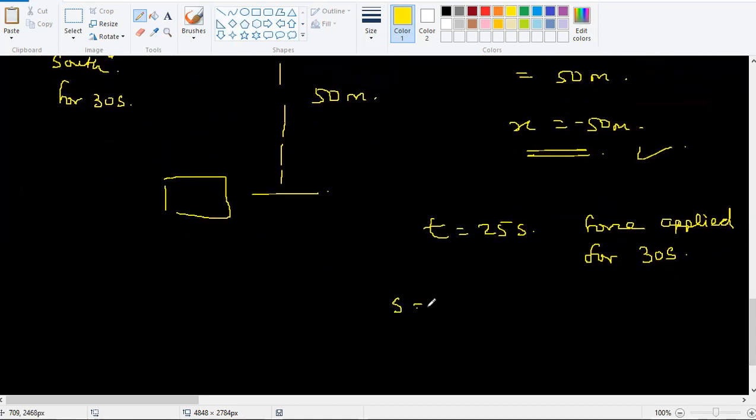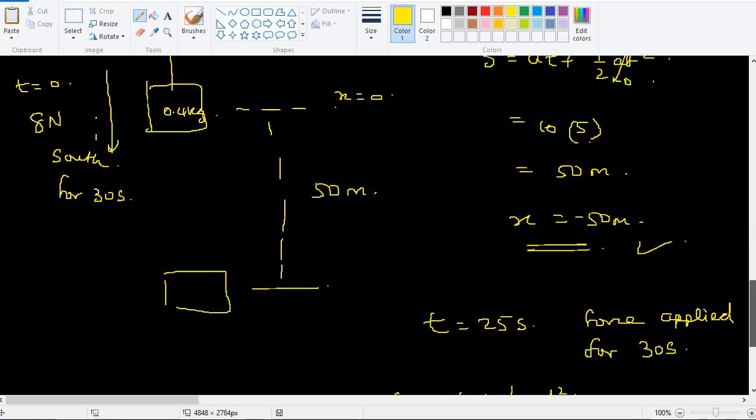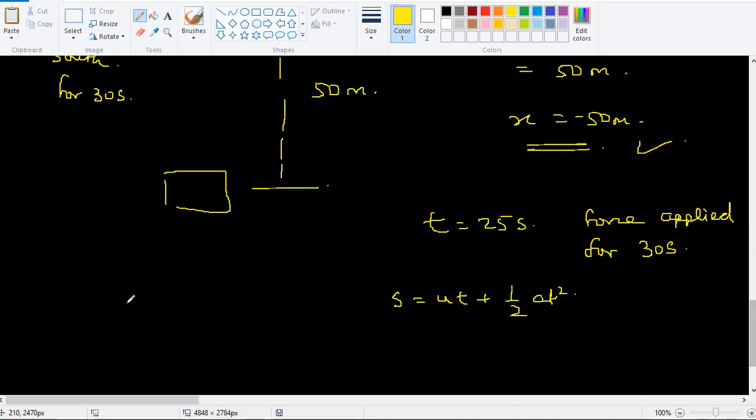So S is equal to ut plus half at square. The force applied is 8 Newton. Mass is 0.4. Acceleration is this way. Since it is in the opposite direction, I'm going to apply a minus.